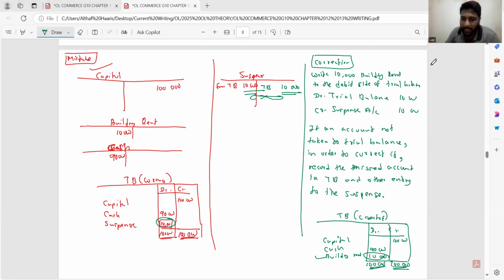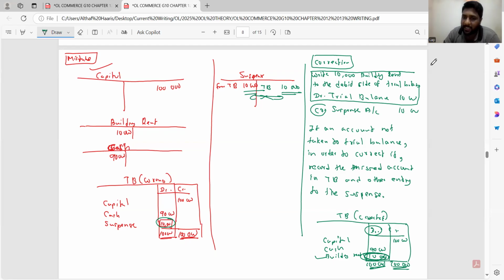So you are taking it to the trial balance debit side. That's what I told here. Write 10,000 building rent to the debit side of the trial balance and credit the suspense account. So already you have an amount in the suspense, so if you credit that 10,000, the suspense account will be eliminated. That's why I wrote this one.